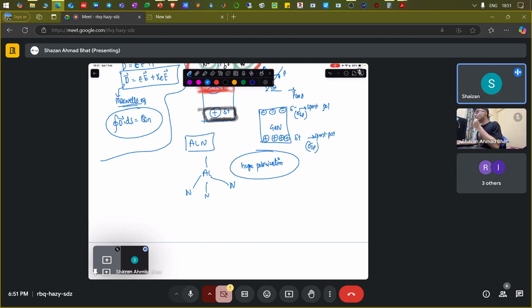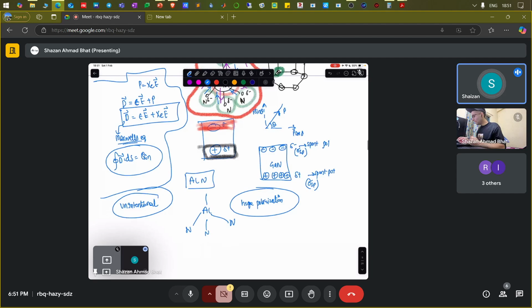Because you don't dope these devices just like silicon and germanium. There may be doping which is unintentional. That means you don't intentionally dope it, but because of certain impurities which may happen at factories during fabrication, maybe some carbon may get diffused into it, or some silicon may get diffused into it.